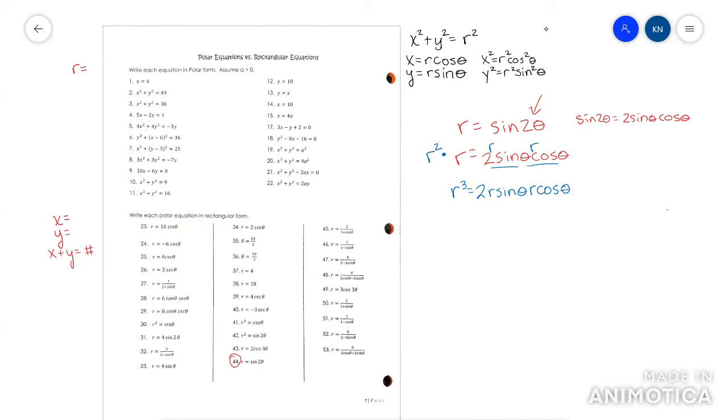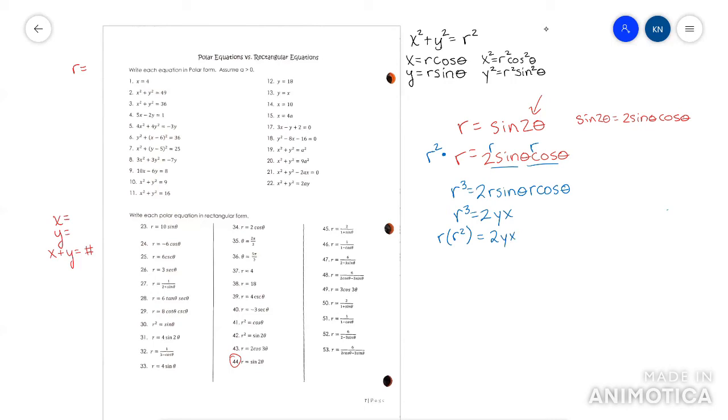The reason you had to do that is because now you could be like, okay, r sine theta, that's y, and r cosine theta, that's x. So now you're here. Okay, great. Well, now what? Honestly, now I would take an r out on the left side.